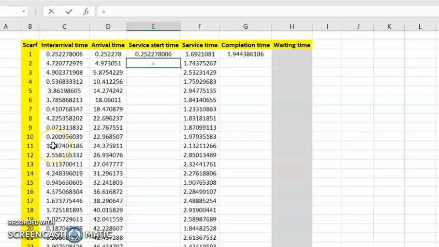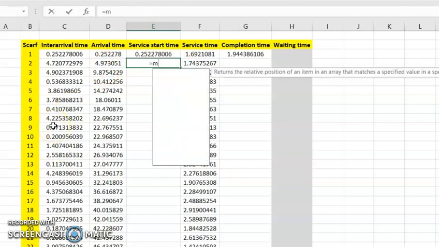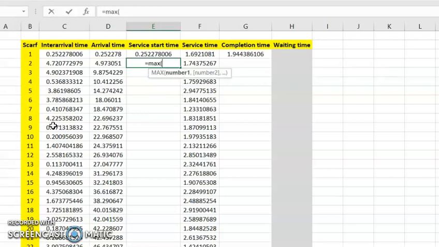So how are we going to tell it to Excel? We are telling Excel, hey Excel, put for me here the maximum of these two values. What are these two values? Completion time of the previous customer and the arrival time of the new customer.